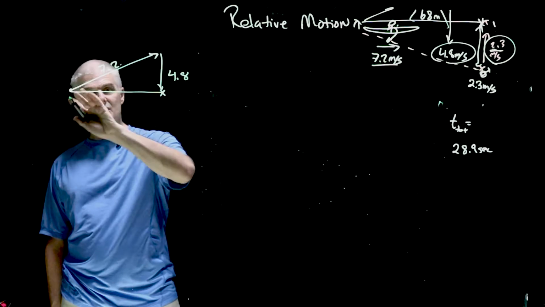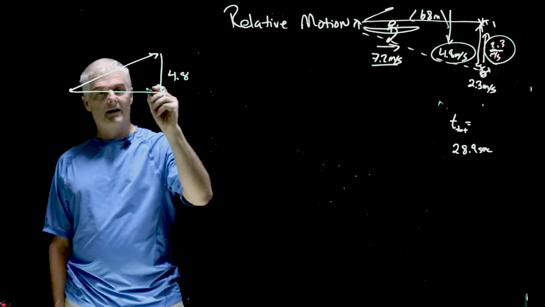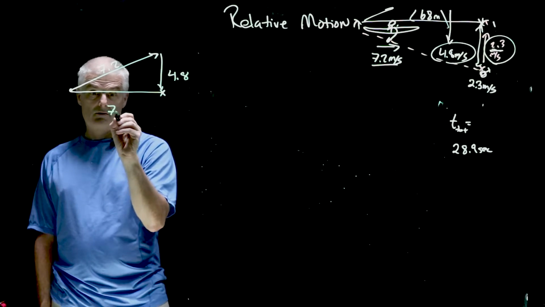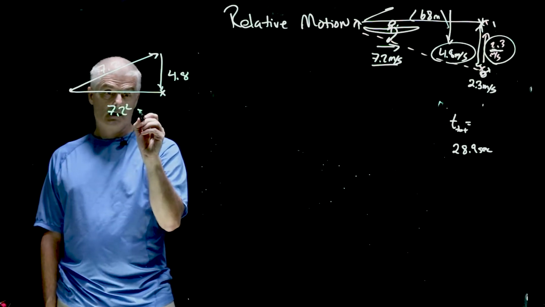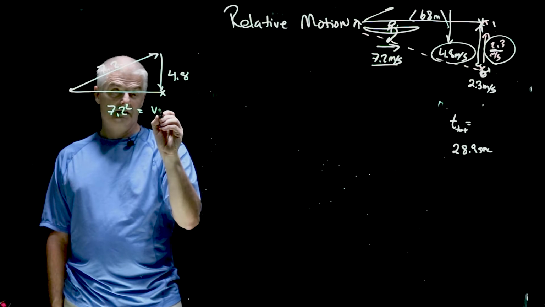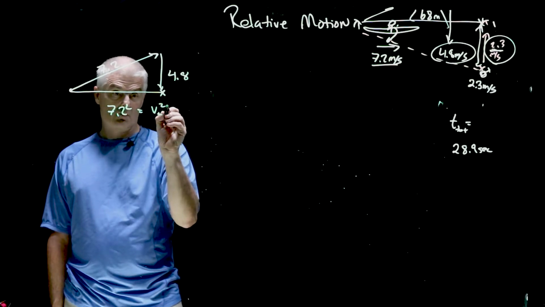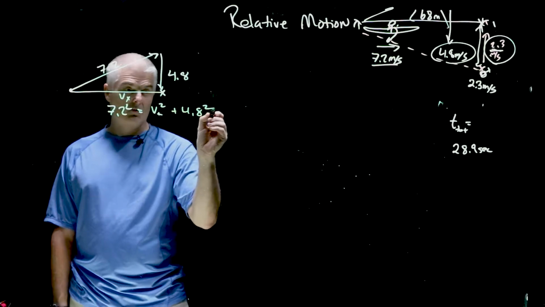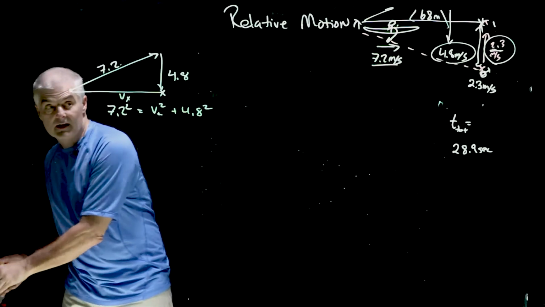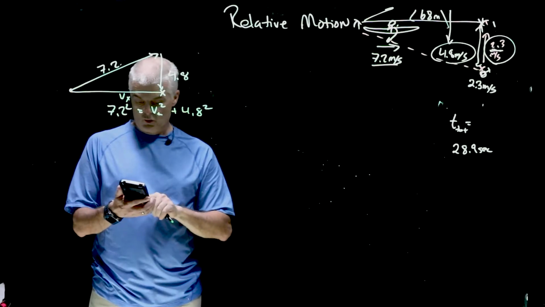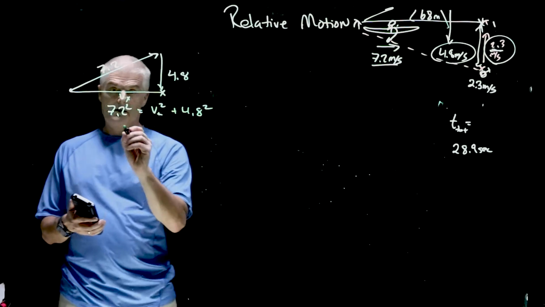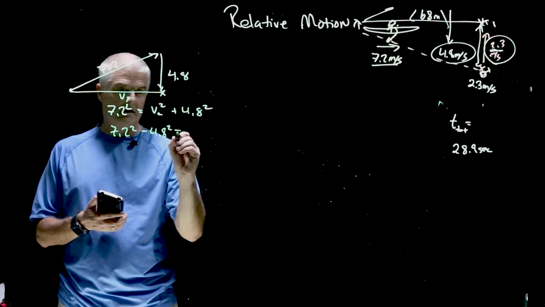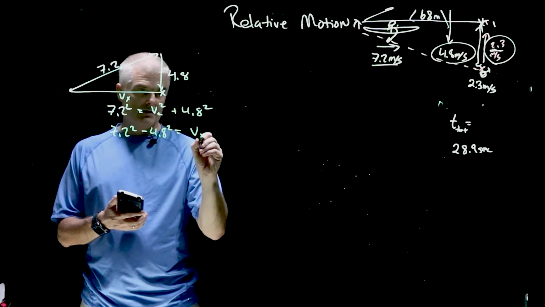So how fast will he travel in the Vx? Because this is 7.2 at an angle, 4.8 at an angle, so this is going to be a Pythagorean theorem problem. I can say, 7.2 squared, that hypotenuse, is equal to Vx squared, plus 4.8 squared. So if I want to solve for Vx, I can say 7.2 squared minus 4.8 squared equals Vx squared.